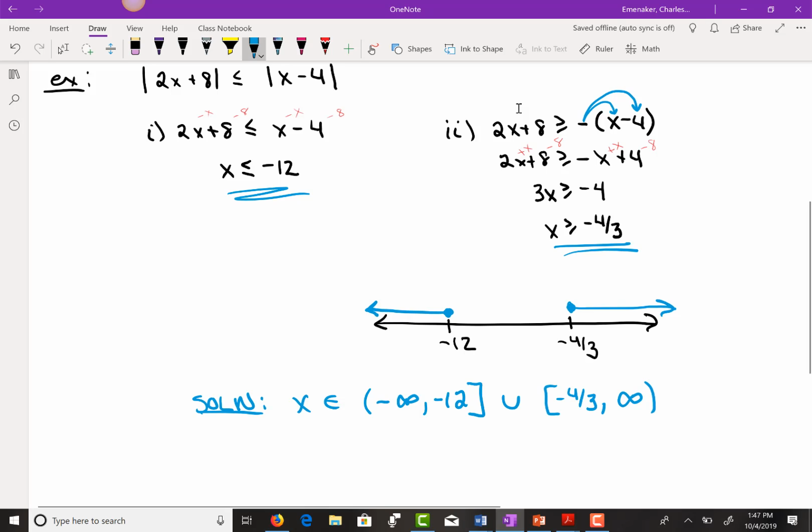Since you did the absolute value of x minus 4, wouldn't we need to do the absolute value of 2x plus 8? Don't we have to do the negatives on the left-hand side? The answer is yes, we do. Technically, we've got to first treat the left-hand side as our absolute value and deal with the right-hand side positive and negative.